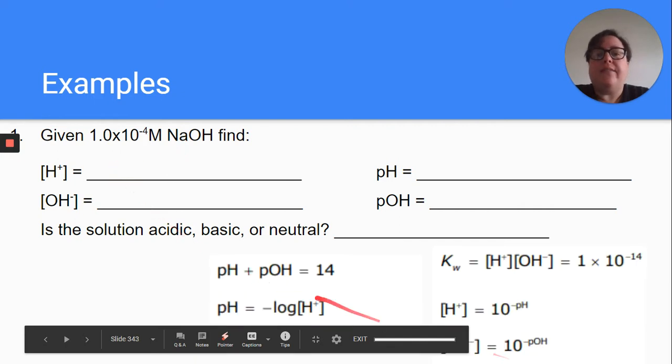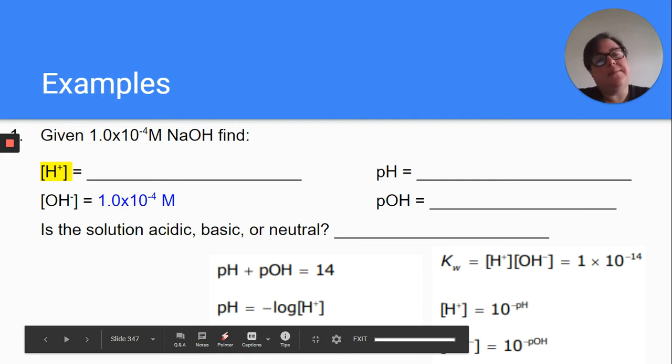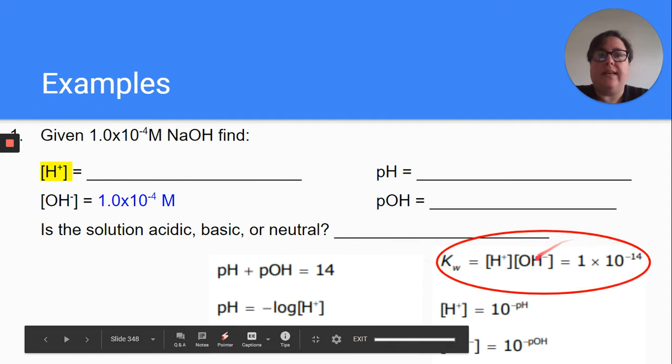So we have our formulas on page 3 that we're going to use. Our given is hydroxide, so we can go ahead and fill this out to be 1 times 10 to the negative 4th.